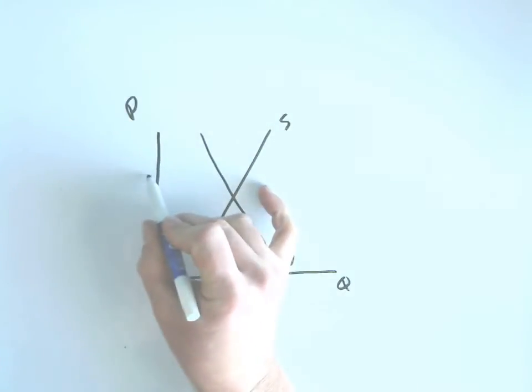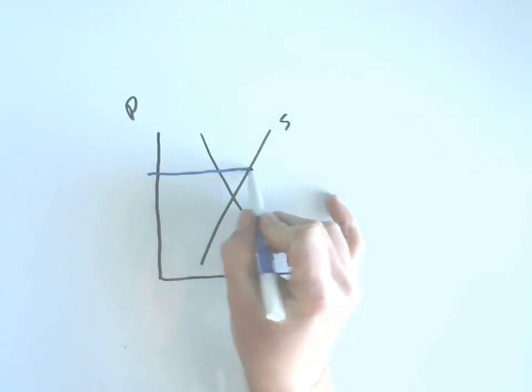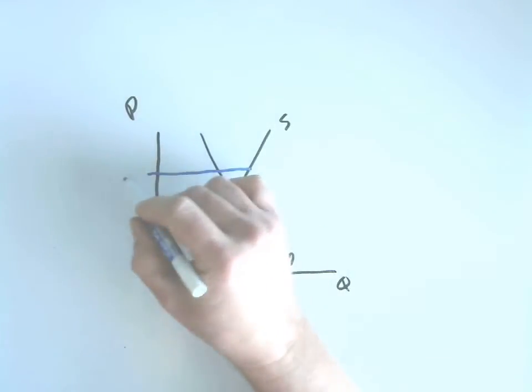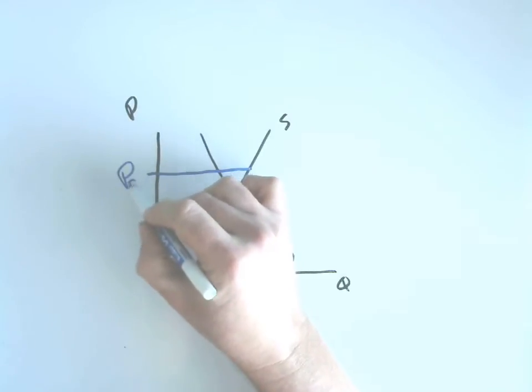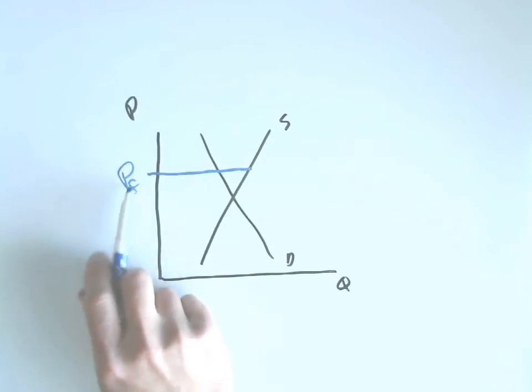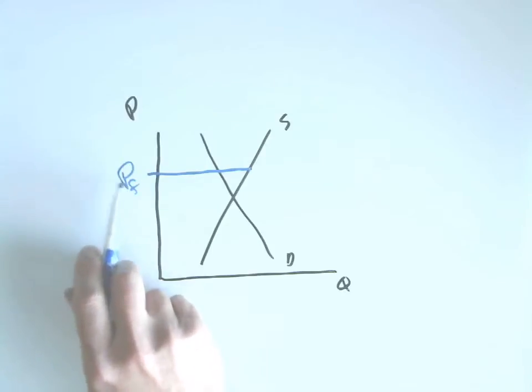So they step in and put in a price floor, an agricultural price support. Now, don't get this F confused with the F in the full economic price of a price ceiling. This is a little f, so this stands for price floor, not full economic price.